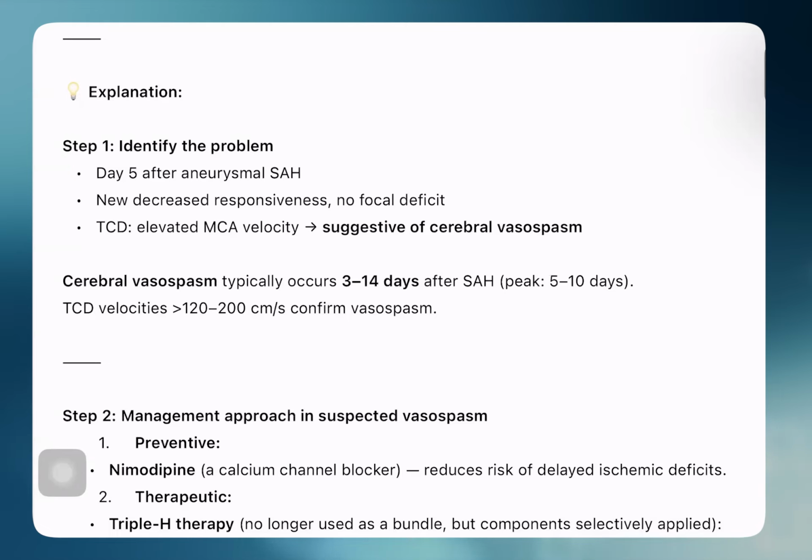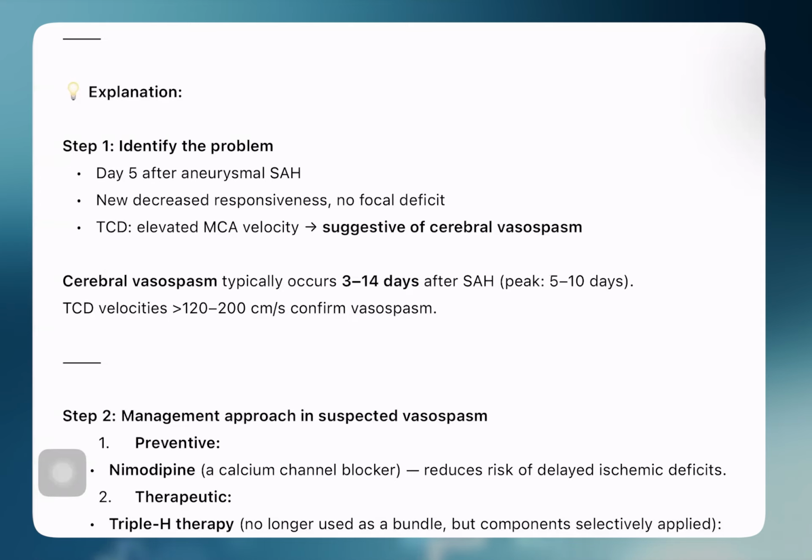The baseline was 120 and now we have 190 centimeter per second. So this is the time when cerebral vasospasm happens, typically within the first week after SAH, peaking at 5 to 10 days. TCD velocities of more than 120 to 200 are confirmatory for vasospasm.